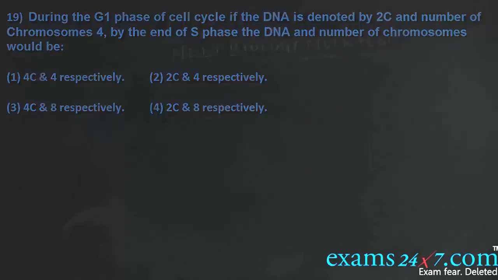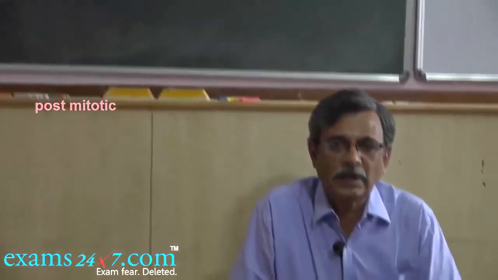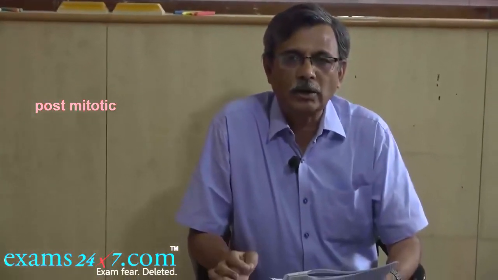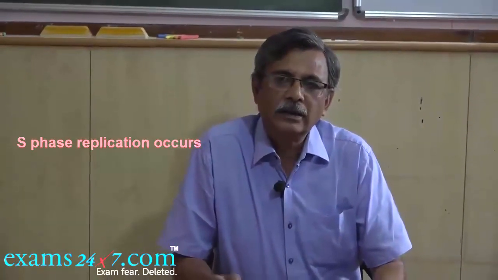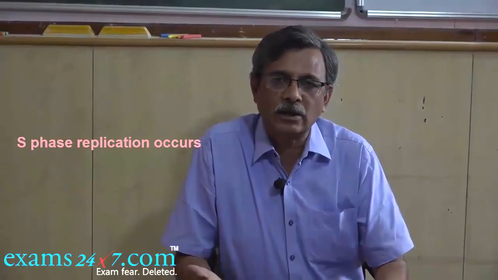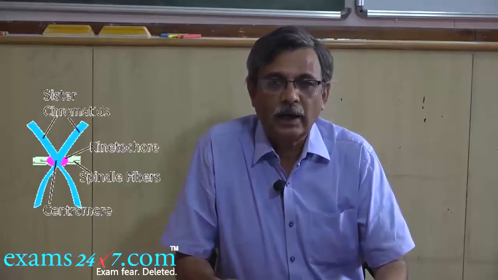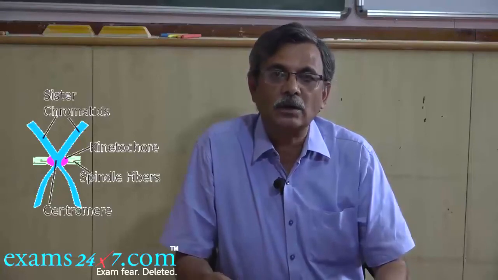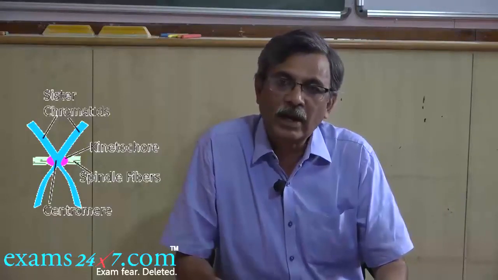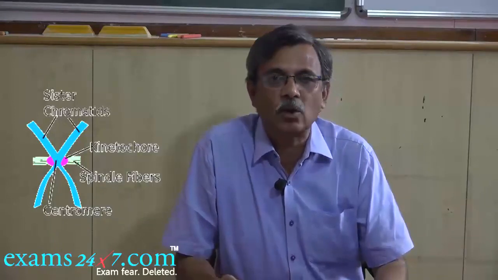Please remember, G1 phase is the post-mitotic pre-replication phase, and during S phase replication occurs, and as a result of replication the DNA amount is going to increase, and each DNA is represented by sister chromatids, whereas the sister chromatids are held by the same centromere.